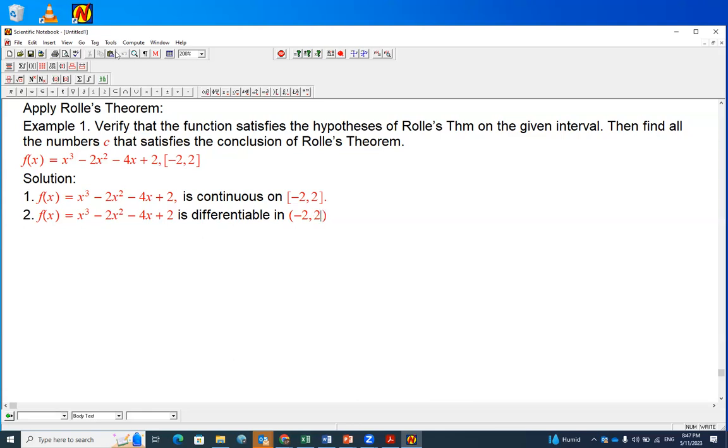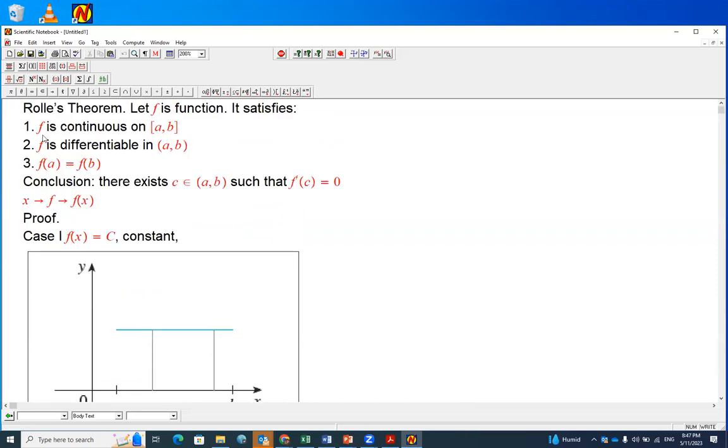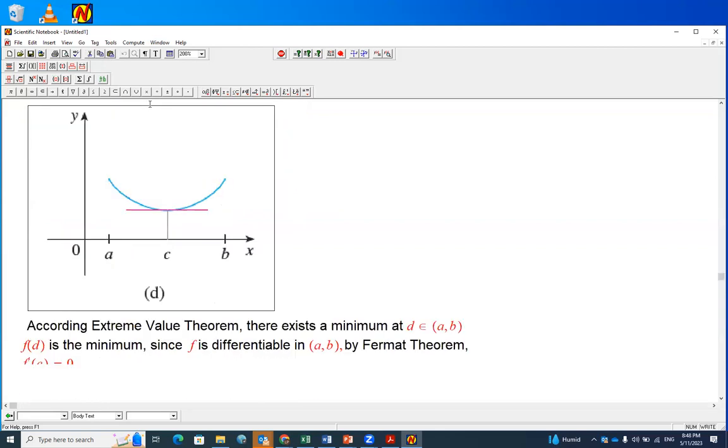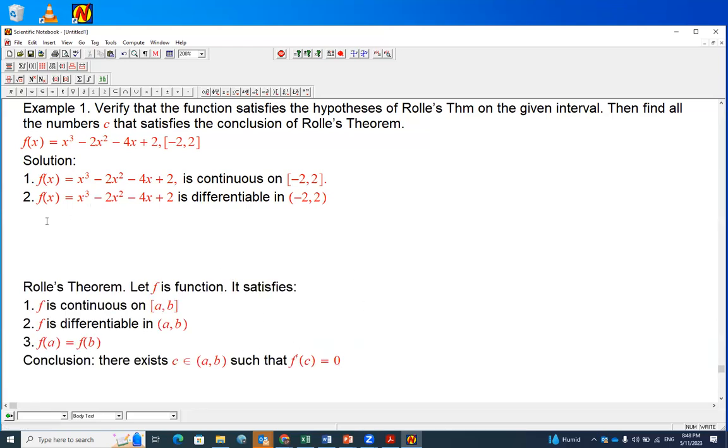You just want to make sure it satisfies Rolle's theorem, so I'm going to copy and paste Rolle's theorem and put it right underneath the work we are doing. We can just compare.